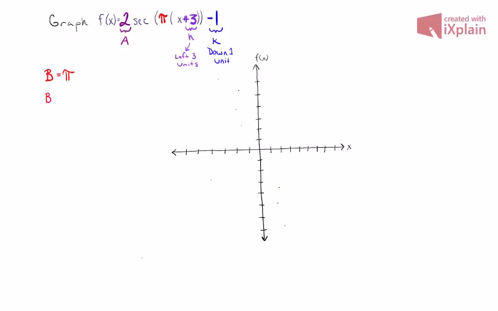So in this case, we know that since we are working with the secant, its period is 2 pi, and we're going to divide that by b, or remember that we can change this over and say that p is equal to 2 pi divided by b. If we do that, then we can go ahead and substitute what we know b to be. So that would be 2 pi divided by pi, which simplifies down to a period of 2.